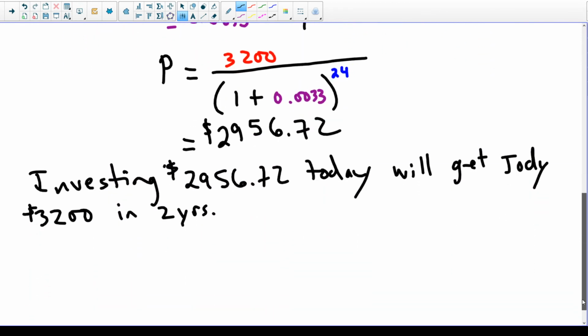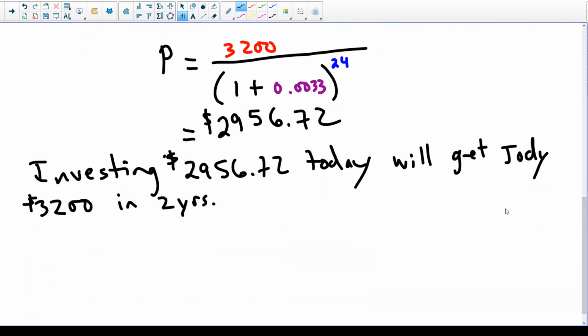The real tricky thing is when you start mixing the stuff we've been doing before with this stuff. Can you tell the difference? You need to be able to read questions properly and really understand what is being asked. Am I finding an amount later on by investing a number today? Or am I finding a number today to figure out how much I need to get a certain amount later on?